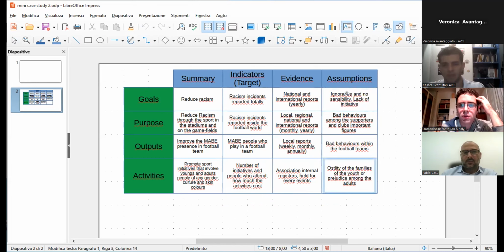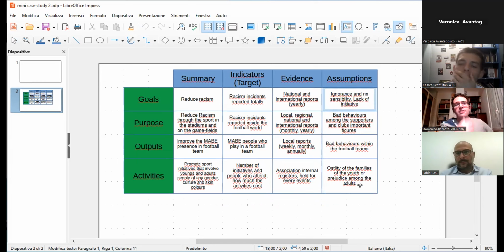Okay, perfect. So it represents something that should happen in addition to your project in order to reach the goal. So in the assumption column, talking about goals, maybe some understanding by the governments about the priority of the fight against racism. This can be the assumption connected with the goal, maybe.